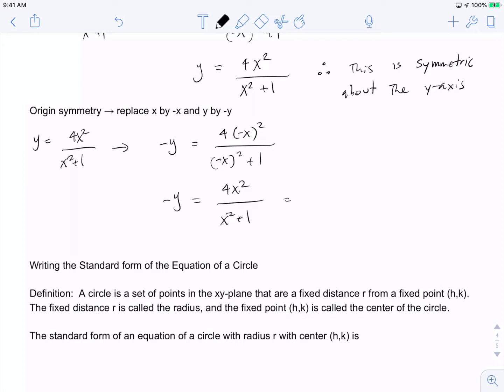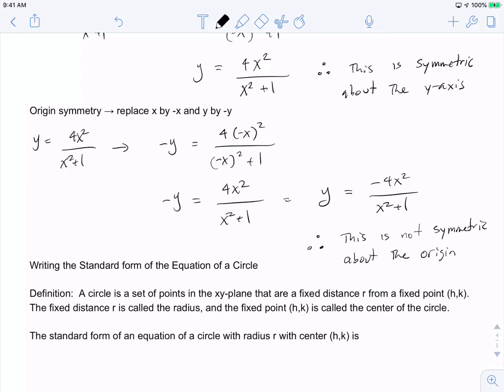If we clean that up, we're going to get y is equal to a negative 4x squared over x squared plus 1. Is that equal? No, so therefore this is not symmetric about the origin.